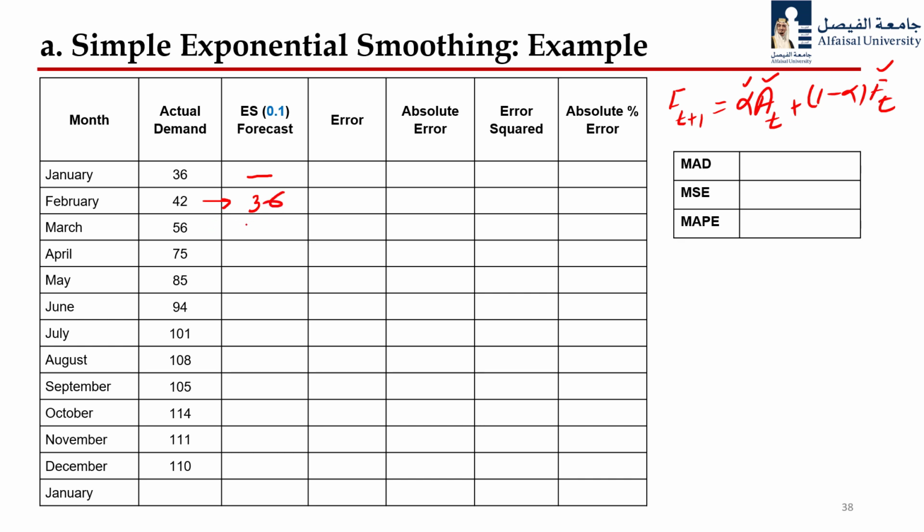From March onward, we can apply the simple exponential smoothing method because we have all the parameter values, like At as well as Ft of the last time period, as well as alpha. Right now, I am saying that we are going to use alpha 0.1. You can use any value between 0 and 1 for alpha.